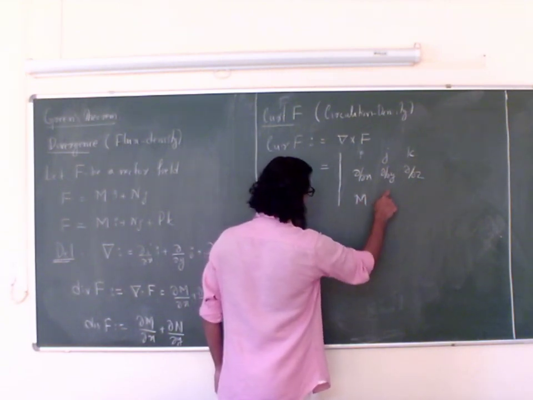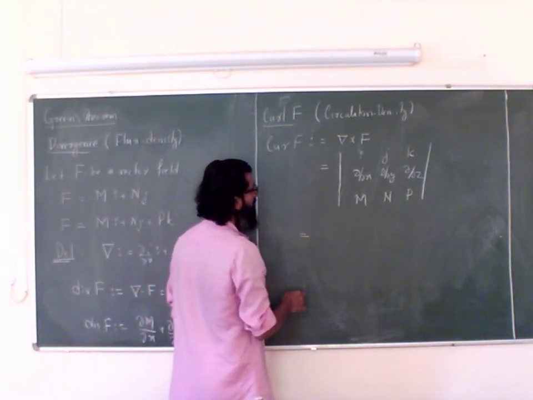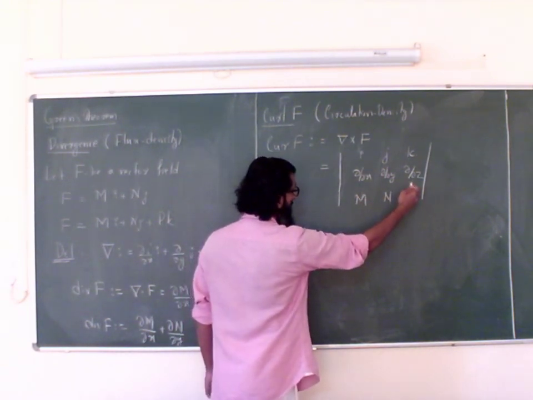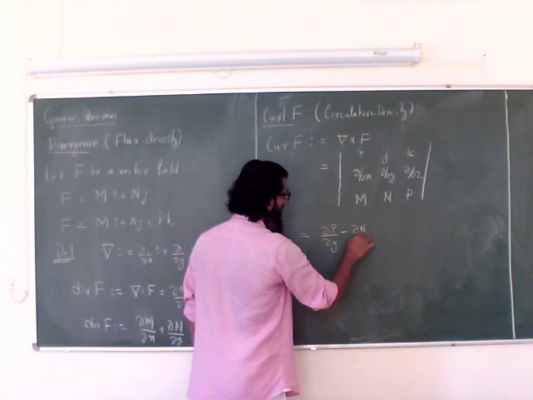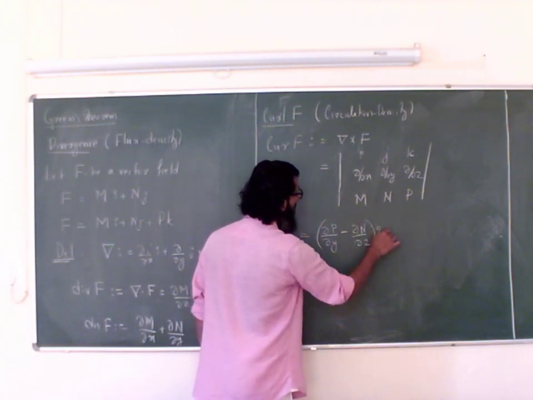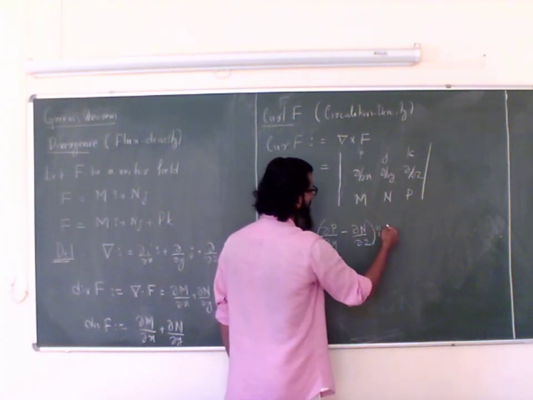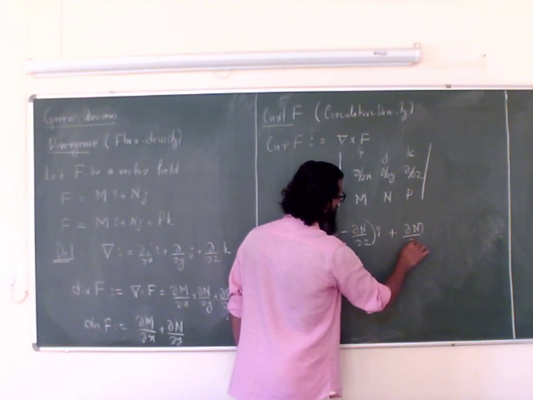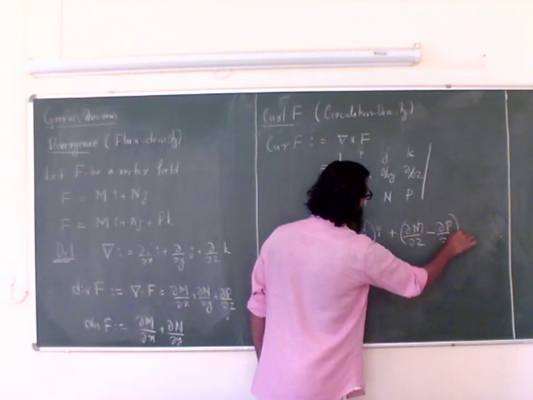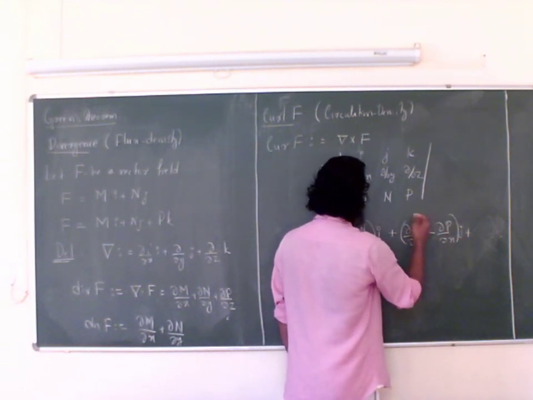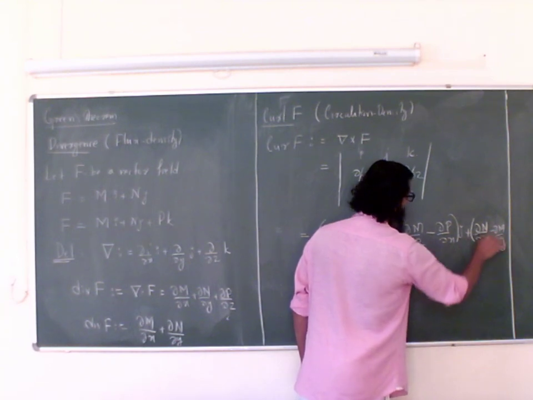So if I expand this along the first row, what I have is (∂P/∂y minus ∂N/∂z) times i plus, usually we have minus j times this one minus this one, but I may use this one, (∂M/∂z minus ∂P/∂x) times j plus (∂N/∂x minus ∂M/∂y) times k.